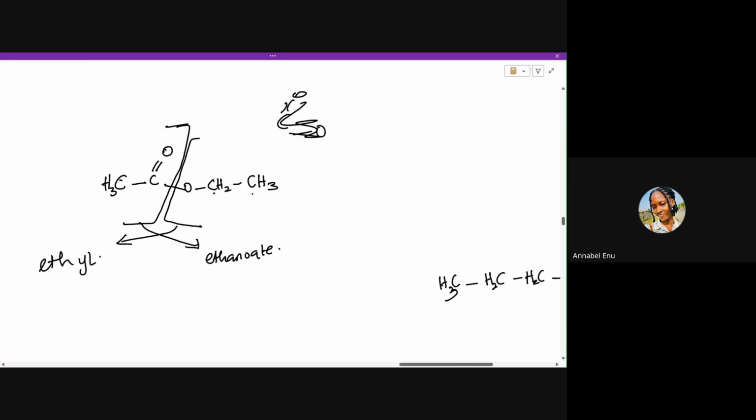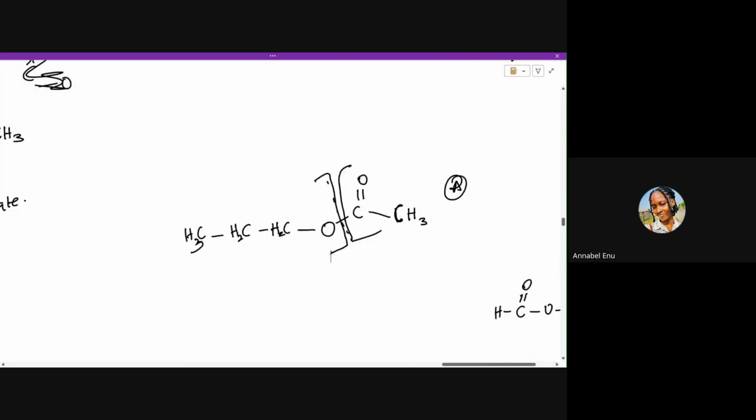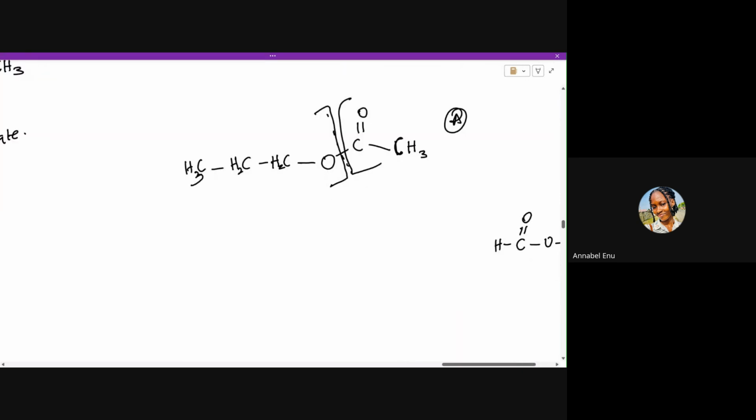The part that the oxygen is leading is the part that you name first, then the part that the CO functional group is leading. The part that the CO is leading must end with "oate", it is the one ending the naming, while the part the oxygen is leading is the one ending with "yl". So this is propyl ethanoate.